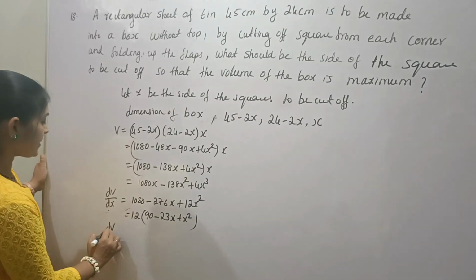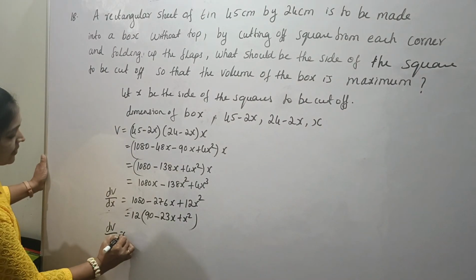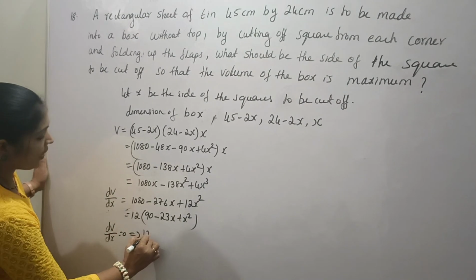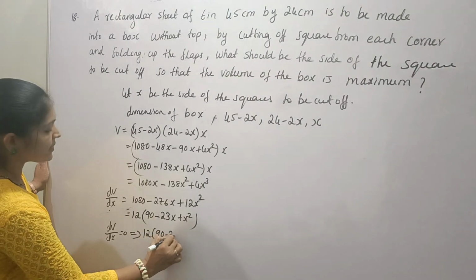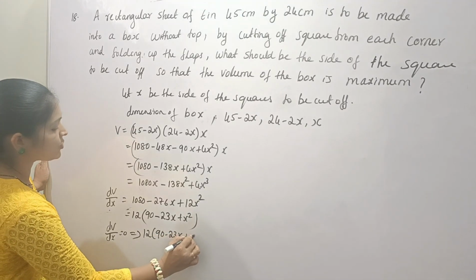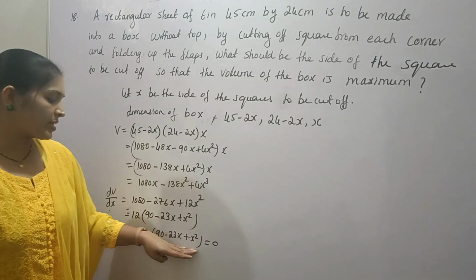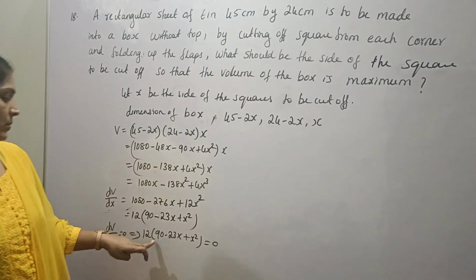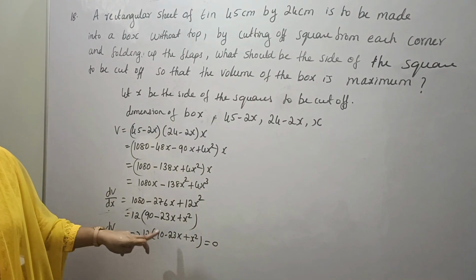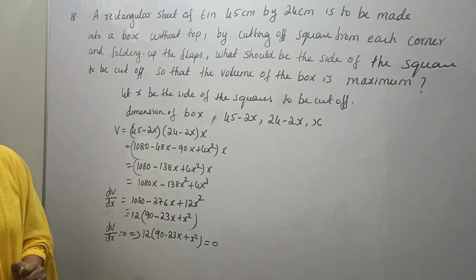So dv by dx is equal to 0 implies 12 into 90 minus 23x plus x square, that is equal to 0. See, how can we factorize this one? Multiplication is 90 and the sum is minus 23.